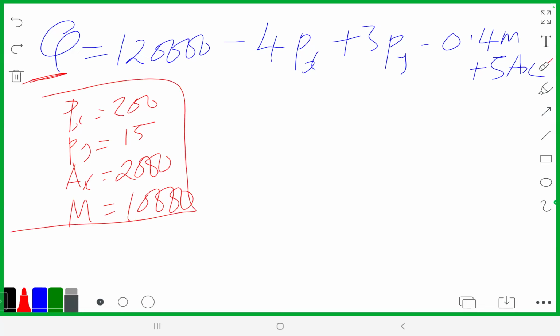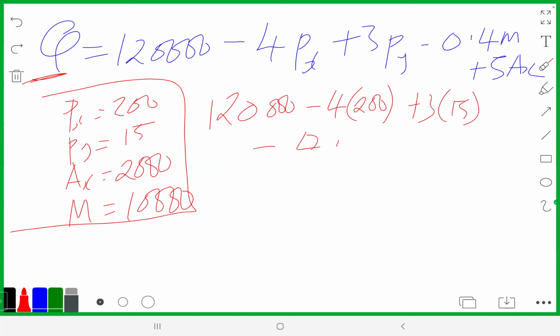So I can say 120,000 minus 4 times PX, which is 200, plus 3 times PY, which is 15, minus 0.4 times M, which is 10,000, plus 5 times AX, which is 2,000. Okay, so when you command your calculator, what's the quantity?